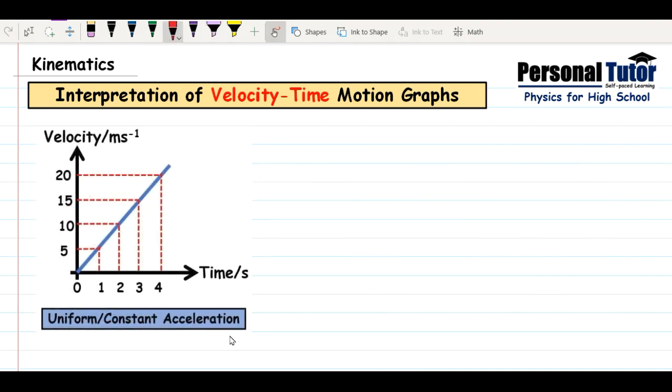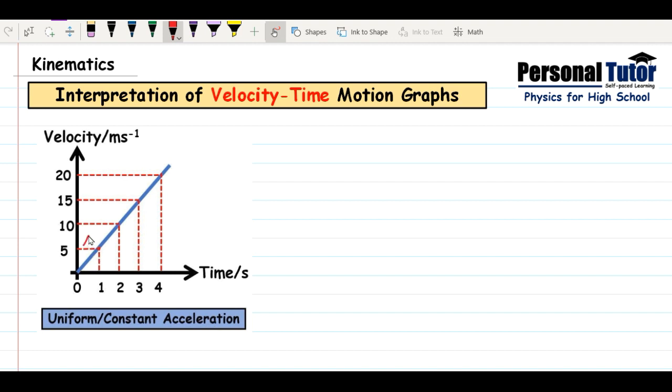Now, the second graph here is called uniform acceleration. So for this as well, let's calculate the various accelerations at each point.